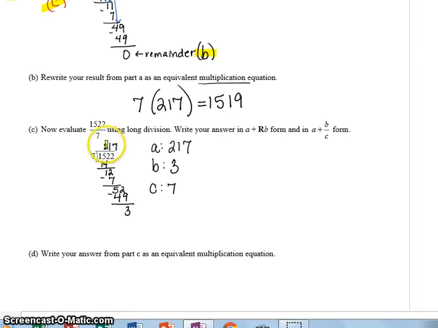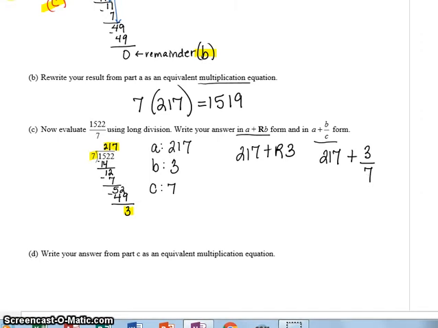So again, look, here's my A, there's my B, there's my C. So now when it wants it in this form, it'll be 217 plus a remainder of 3. And now it says write it in A plus B over C form. So my A is 217 plus my remainder, which is 3, out of the divisor 7. Okay, so that's like saying 217 and 3 sevenths.